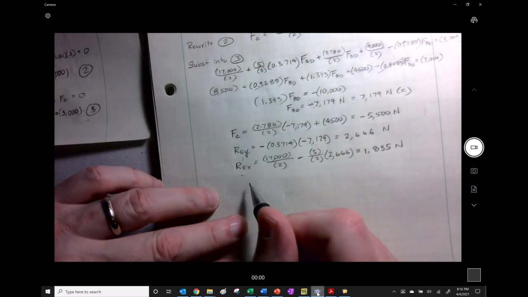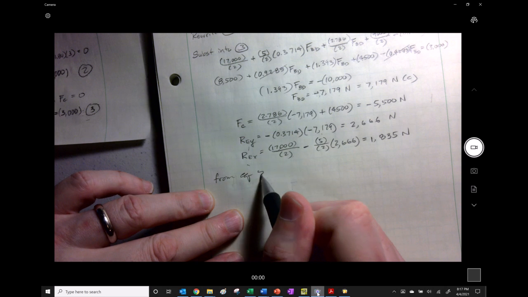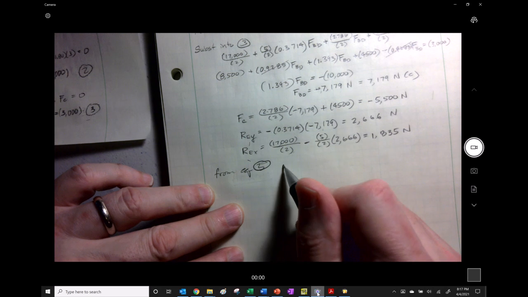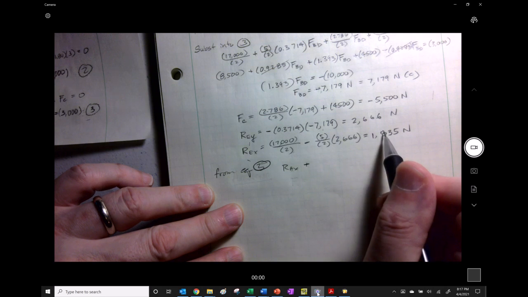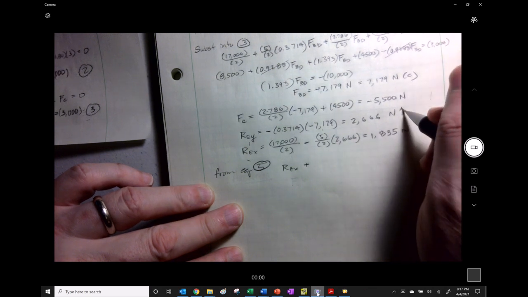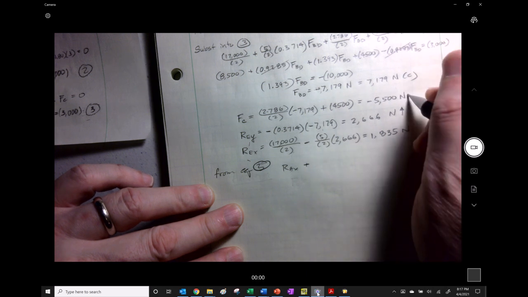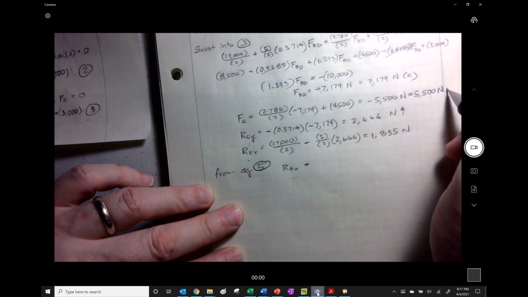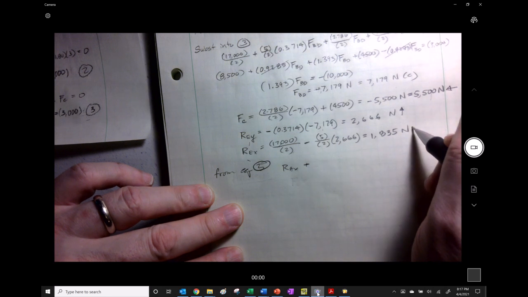So on here, from equation 5, I say that I have RAX plus, and I think, let me write down these arrows. I should have put all these arrows in here. This one was FC in that direction. Okay. And this one was REX was positive.